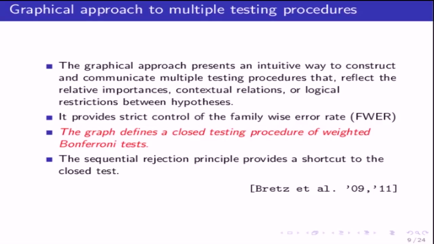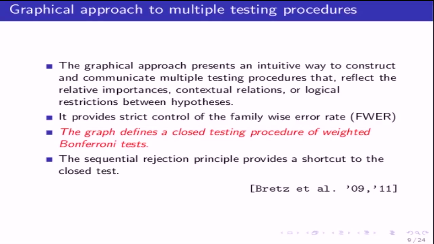You have seen the graphical approach presents really an intuitive way to construct, to communicate, and to run a multiple testing procedure, and it provides strict type-1 control. Why does it provide strict type-1 control? Because in the background, the graph defines a closed testing procedure of weighted Bonferroni tests.